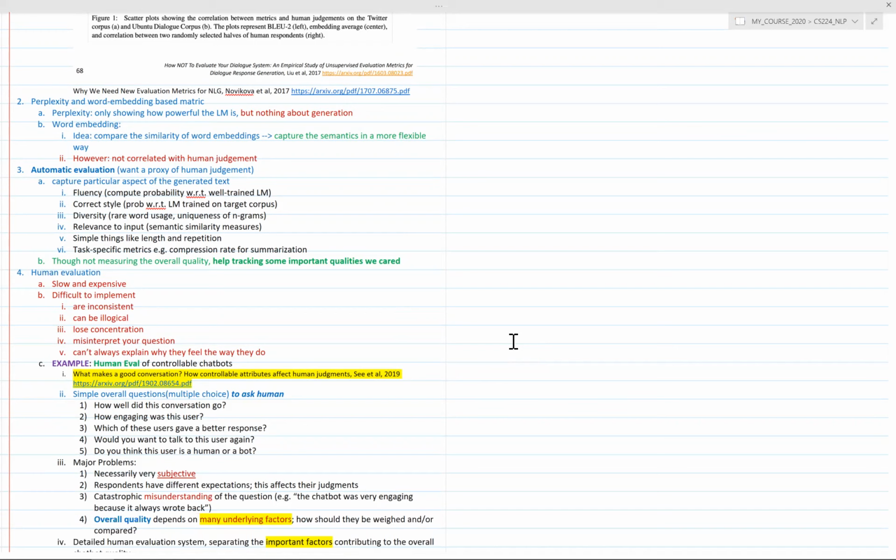What we want the automated evaluation metric to do is to review the fluency and the correct style, the diversity of the story, the generation, and the relevance to the input, and also some simple things like length and repetition, and also to test them on a few specific tasks like compression and summarization.